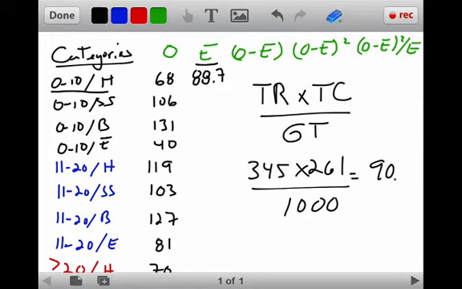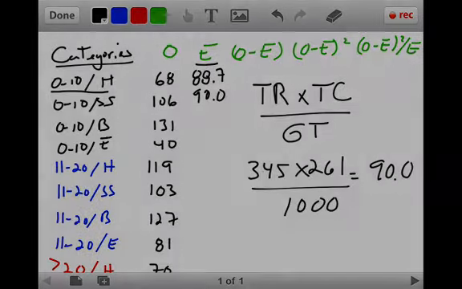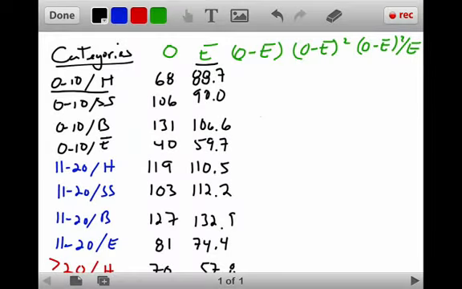That is our expected frequency for this specific category. I will do everything for you quickly and I'll be right back. Now I've calculated all my expected frequencies. Each expected frequency is written right next to the observed frequency for that specific category.